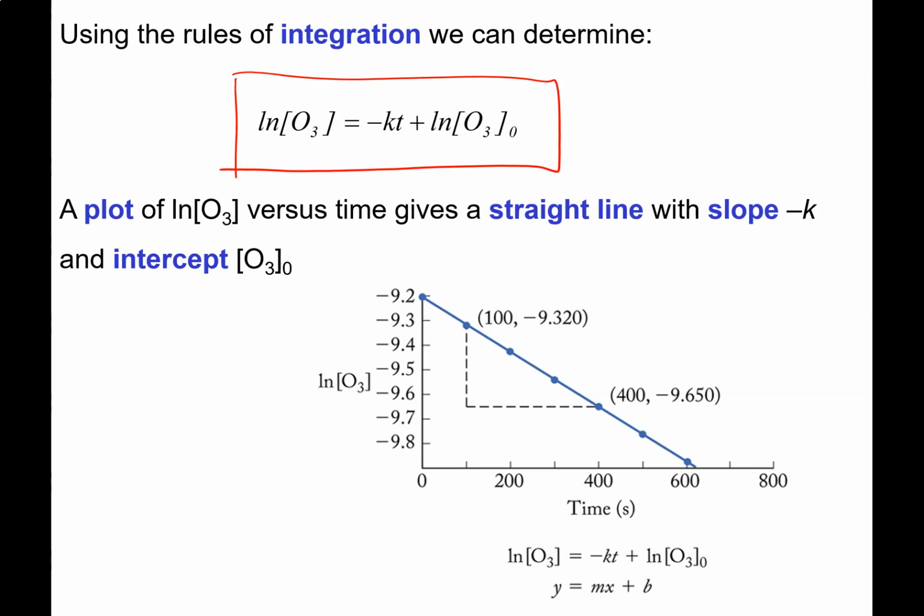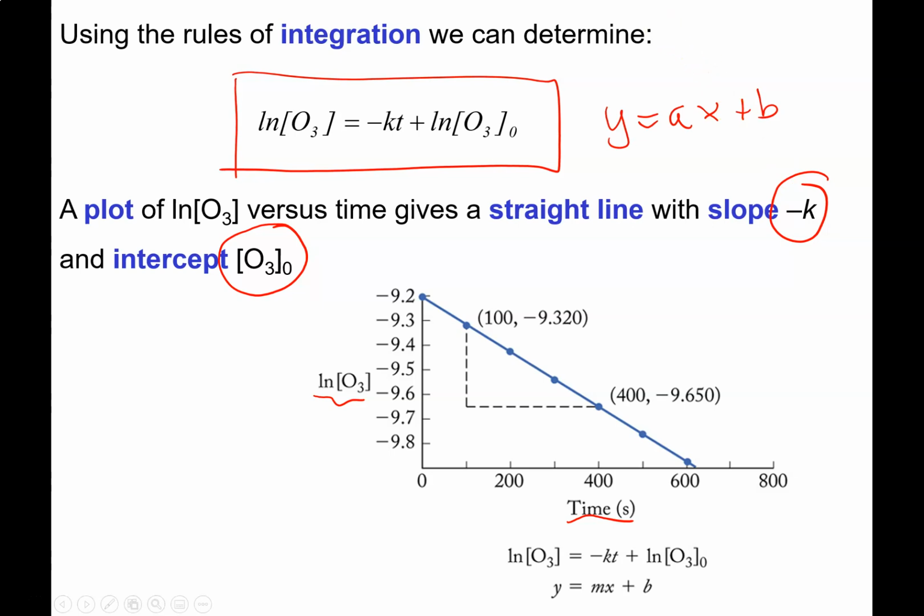But what you'll see is that this is a linear equation of the form y equals ax plus b. And if we were to plot the log of the concentration of ozone against time, we should get a straight line with intercept being the original concentration of ozone and slope being minus k.